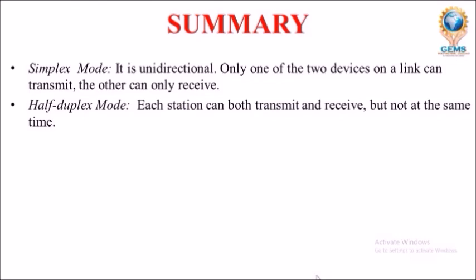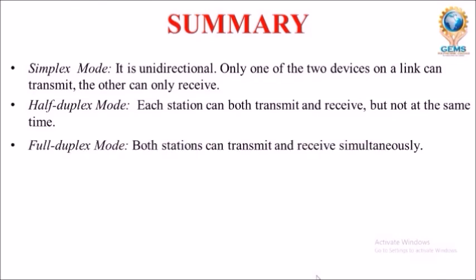That is the big advantage of half duplex, which is better than simplex mode. The last one is full duplex mode, where the two devices act as sender and receiver both at a time. That means data communication is possible bidirectionally, because the sender and receiver are both acting simultaneously, right?